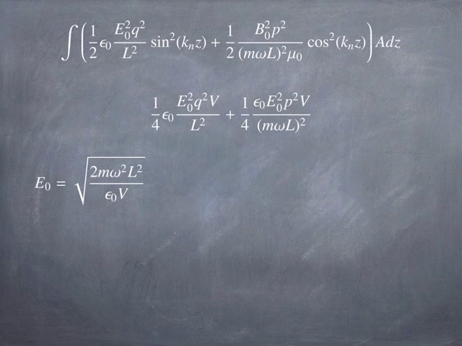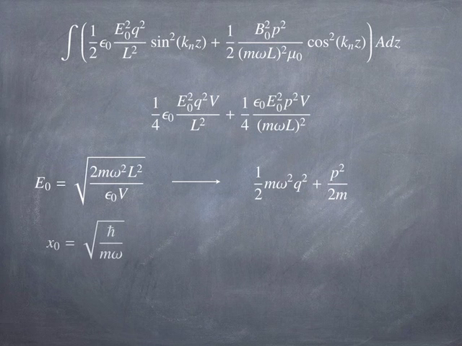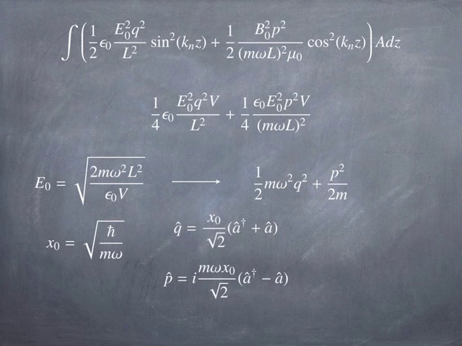If I define E naught to just be a magnitude of electric field that's expressed in this way, then this equation for the Hamiltonian reduces to this. But that's just the Hamiltonian for the simple harmonic oscillator. And we know the simple harmonic oscillator already has a length parameter. It's the oscillator length.